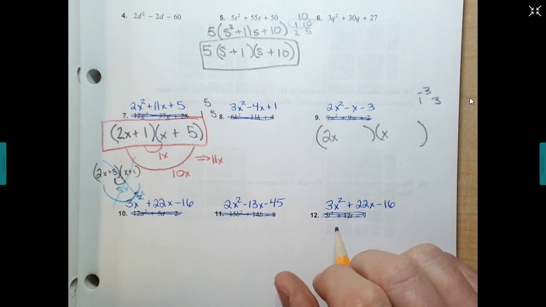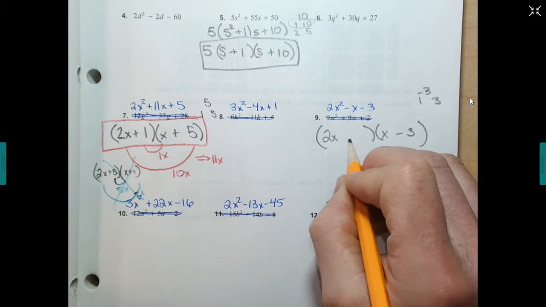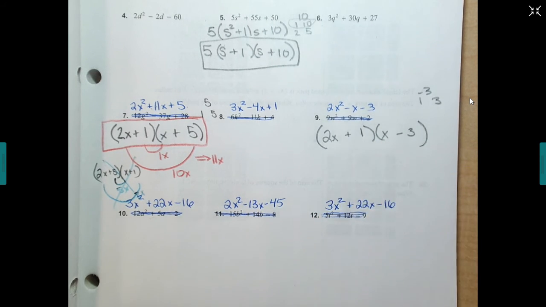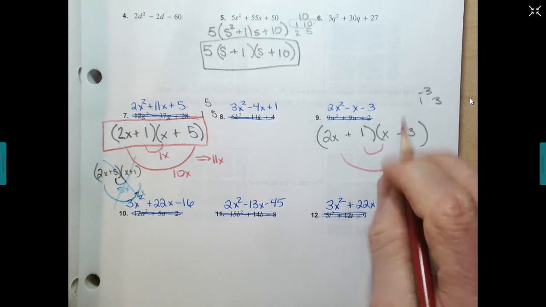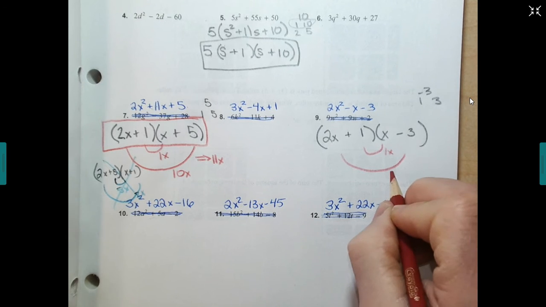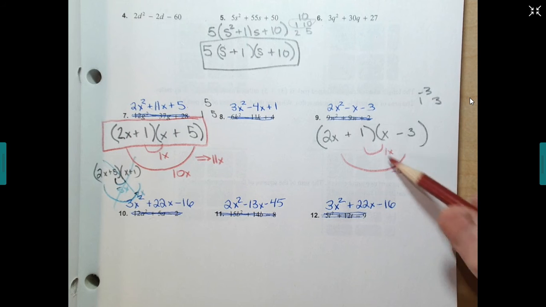So I have to have a positive and a negative. So let's try -3, positive 1. So here we get 1x and -6x. That does not equal -1. That equals -5. So that is not right.